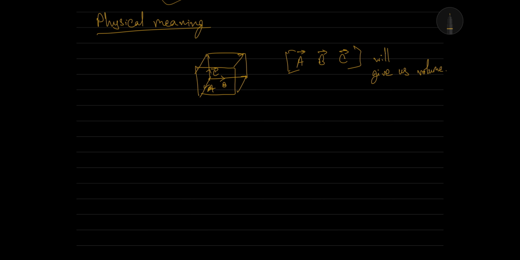If the volume is 0, like if A B C is 0, that means these three are coplanar vectors. That means they are in the same plane.